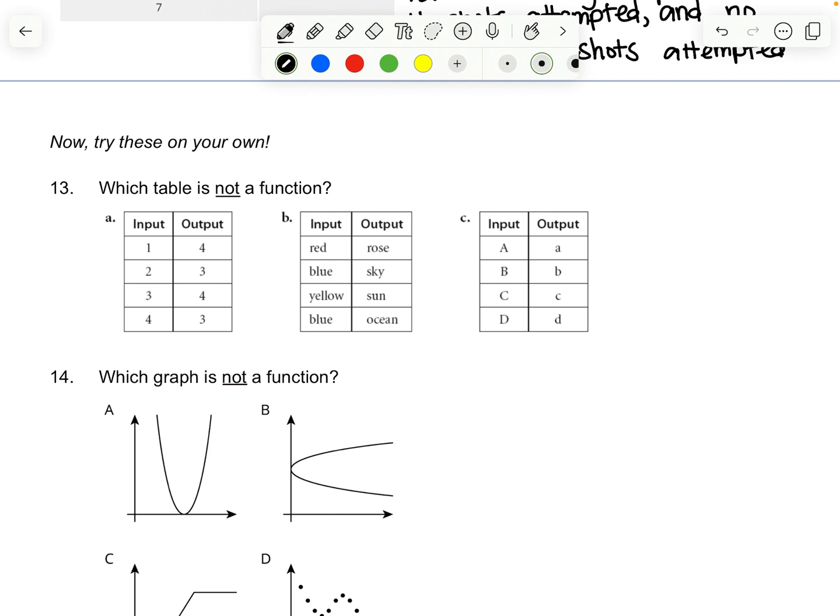Please go ahead and take about 30 seconds to select which one is not a function, and please write off somewhere to the side where you can fit it on your notes about why you think this would not be a function.